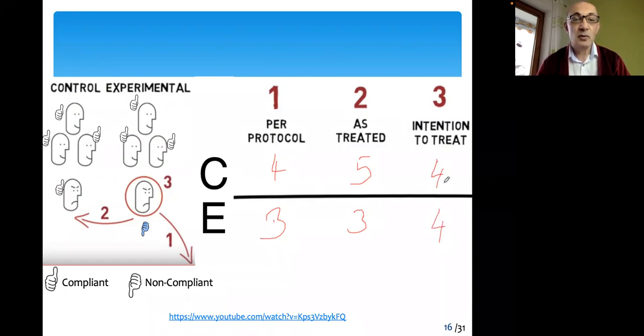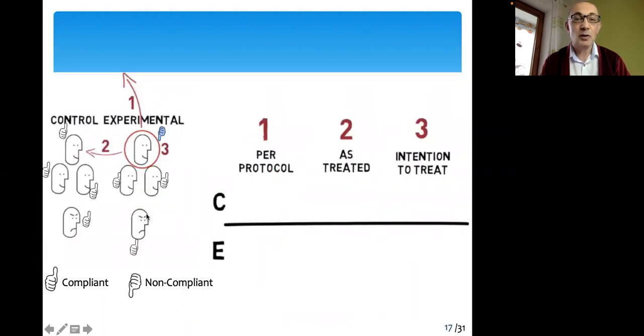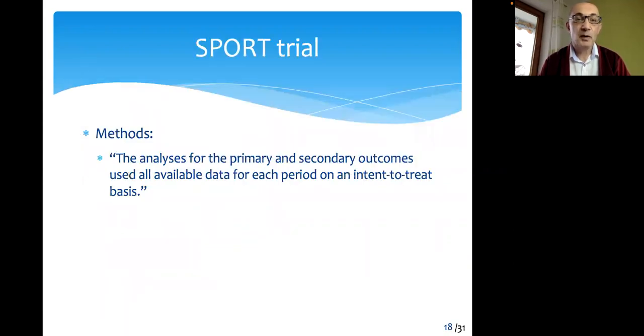So if you compare these 4 with these other 4, although this one participant did not take the experimental medication, that is called intention to treat. And this is the suggested way of making the analysis. In this slide, I tried to make it more explanatory.